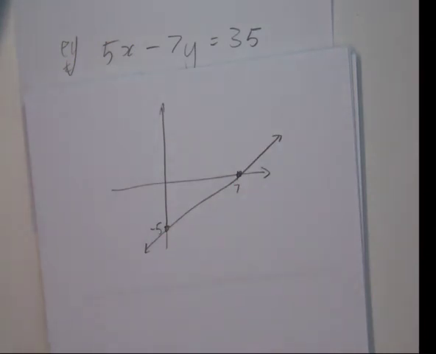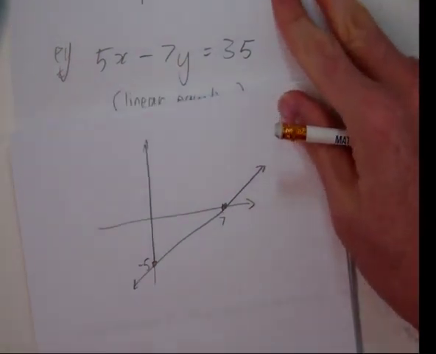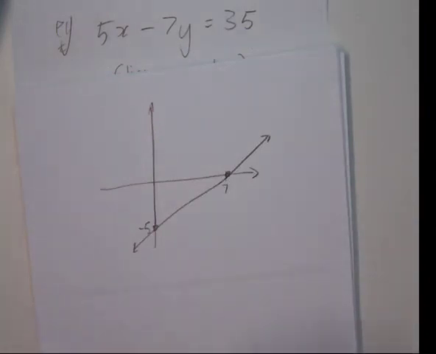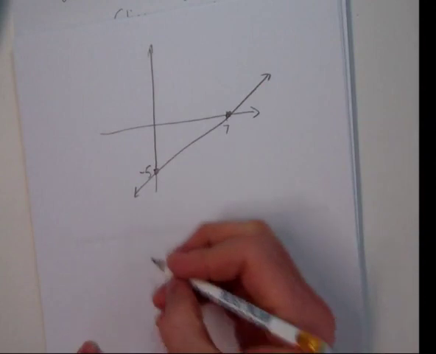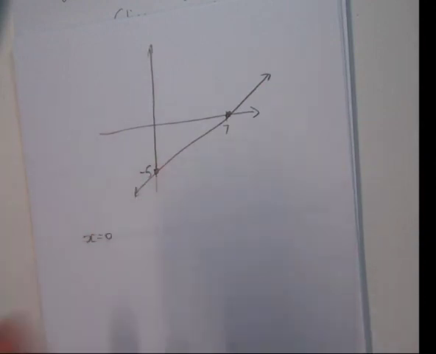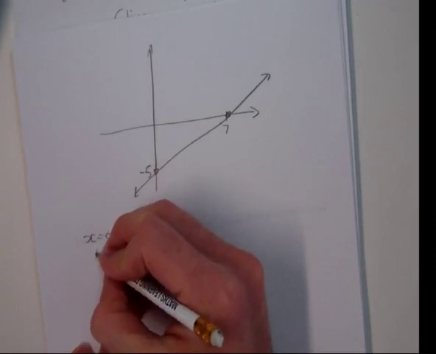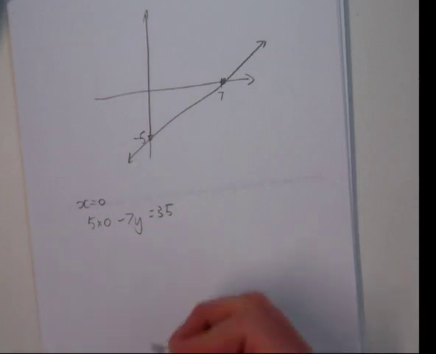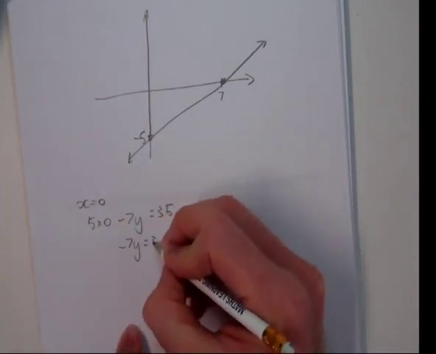It's a useful trick. What's that? Oh, can I repeat that? Yes? So I'll write some working out on the page to show what I did as well. So if x is equal to 0, then I get 5 times 0 minus 7y equals 35, which is just minus 7y equals 35.